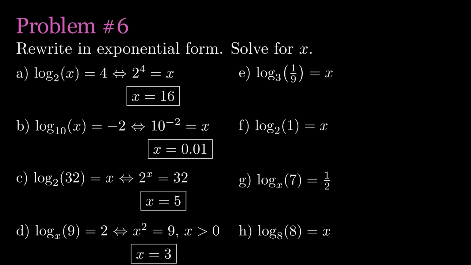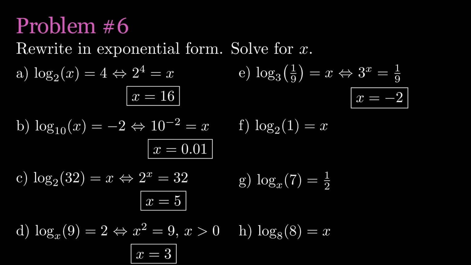So we get the exponential form 3 to the power of x equals 1/9. So we're asking the question, what exponent imposed on the base of 3 results in 1/9? Well, first of all, it's a reciprocal, so our exponent must be negative, and 9 is the second power of 3, so we get the exponent of negative 2.